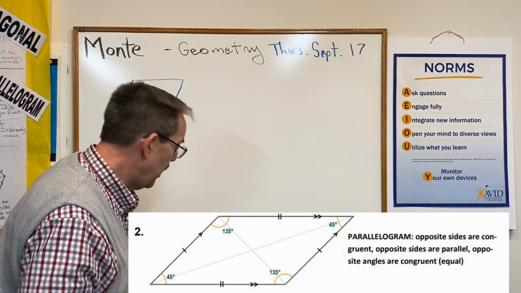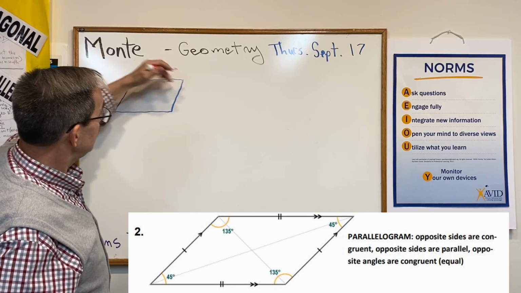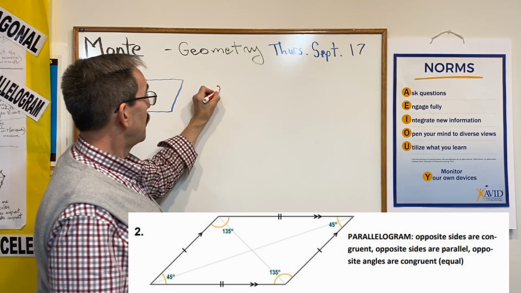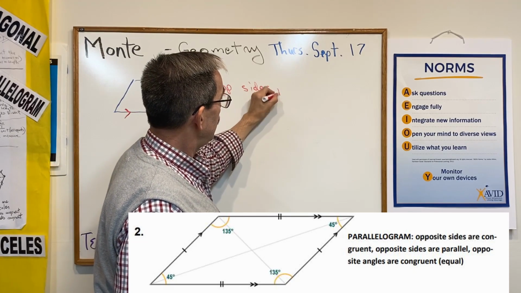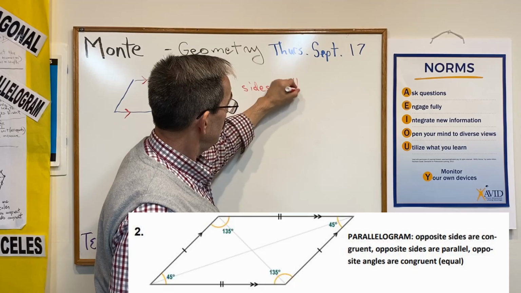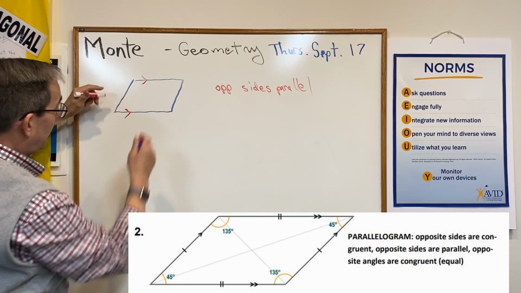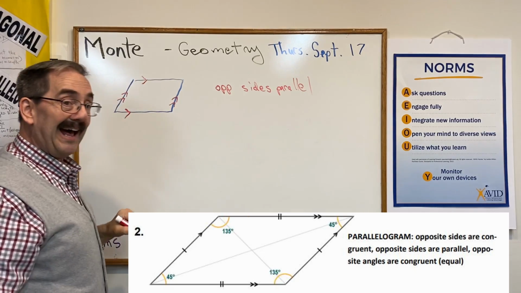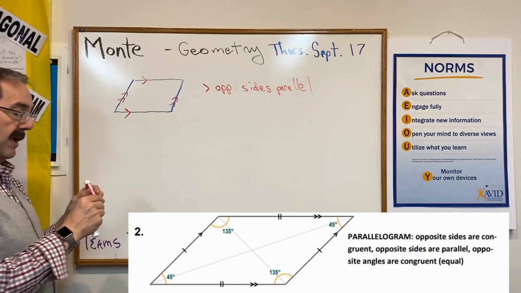Opposite sides are parallel. So as this leans, it stays parallel. If that's parallel to that, then that must be parallel to that. Opposite sides parallel.